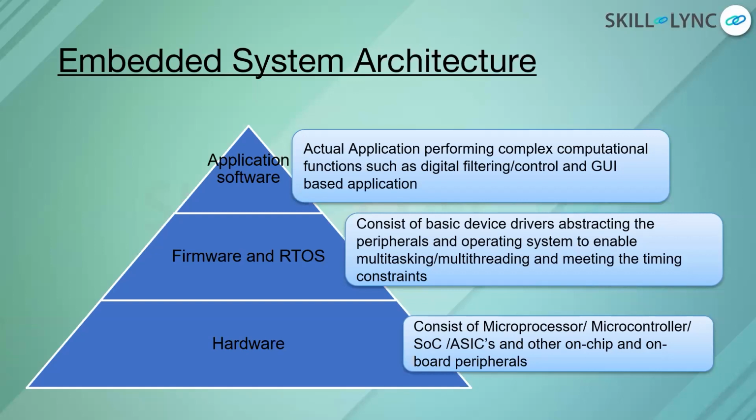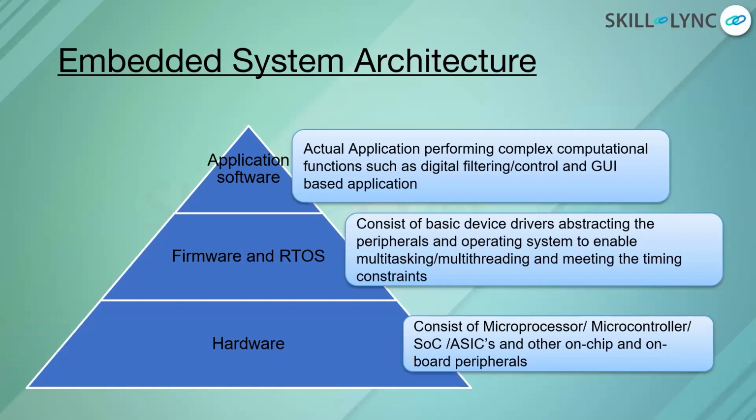When I say basic device drivers, if you have a computer, you would have seen older computers where you have to install necessary drivers for each of the peripheral devices. The same way here, the hardware on the embedded system has multiple peripherals. Those peripherals require some sort of device drivers. They have to be developed as firmware and targeted on this particular hardware.